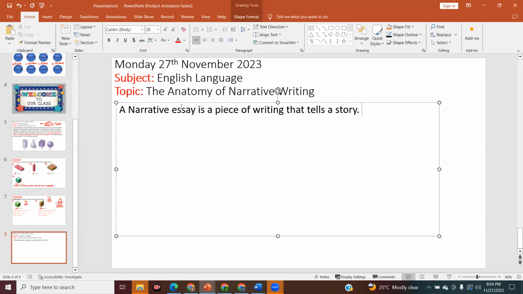So it's different from, say, a persuasive essay that tries to persuade you and convince you of something. So unlike other forms of essays that might focus on analysis, or maybe focus on persuading you to do something.